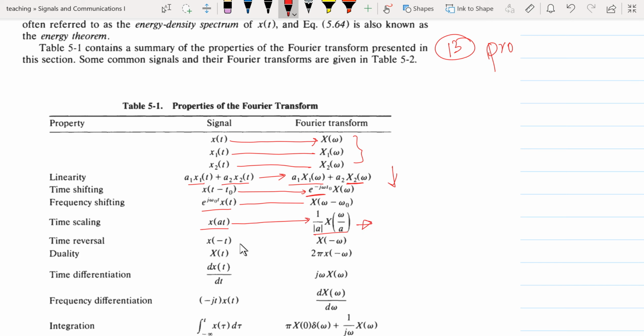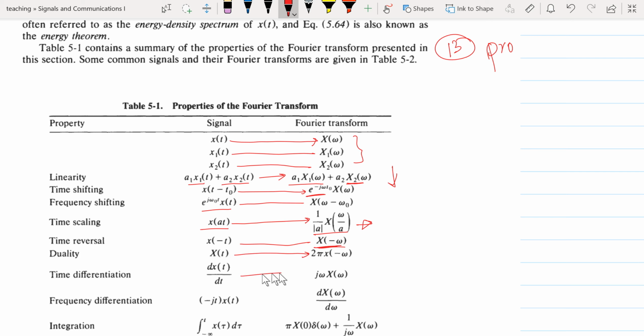The time reversal property said that for x of minus t, you are going to get the reversed spectral component in the negative direction. And the duality property also said that you can obtain your transform. We did this together, so I don't need to repeat all that.